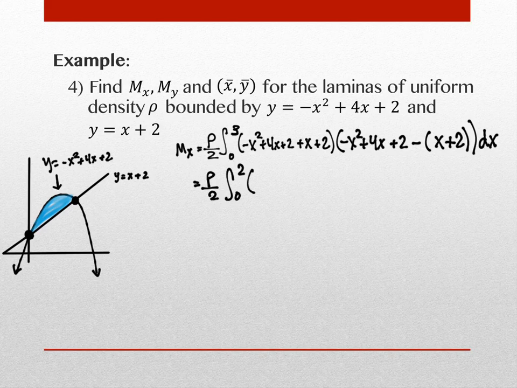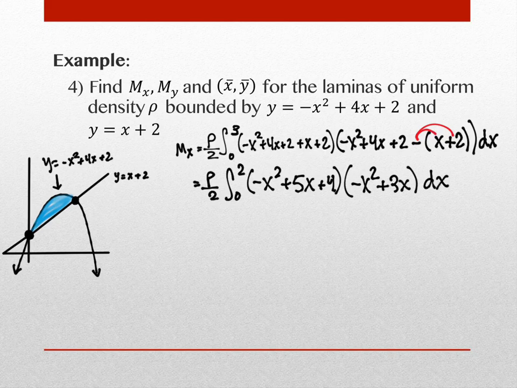So inside the first set of parentheses, I have negative x squared plus 5x plus 4. Does that look right? The next one I have negative x squared, and if I distribute this negative through, I will have plus 3x, and then the 2's are going to cancel, dx. Okay. Admittedly, it's not great, but it's better looking than it was before.